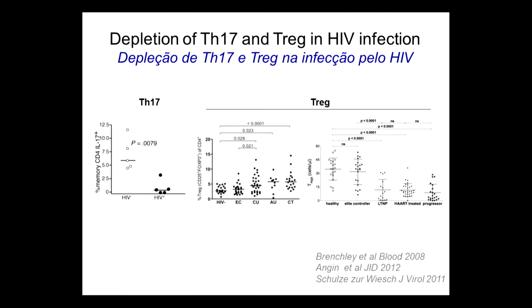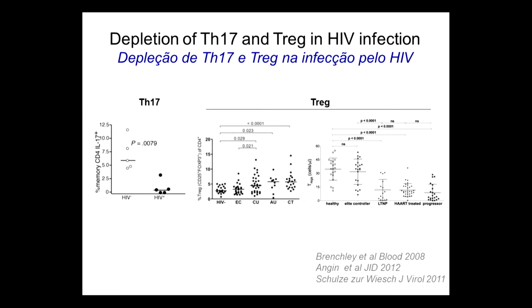Interestingly, we don't only see a loss of the T regulatory cells in absolute number; in relative number, we see an expansion of Tregs. So on the one hand, there is a loss of those cells, but in the whole bowl of CD4 T cells, we're getting more T regulatory cells over time.